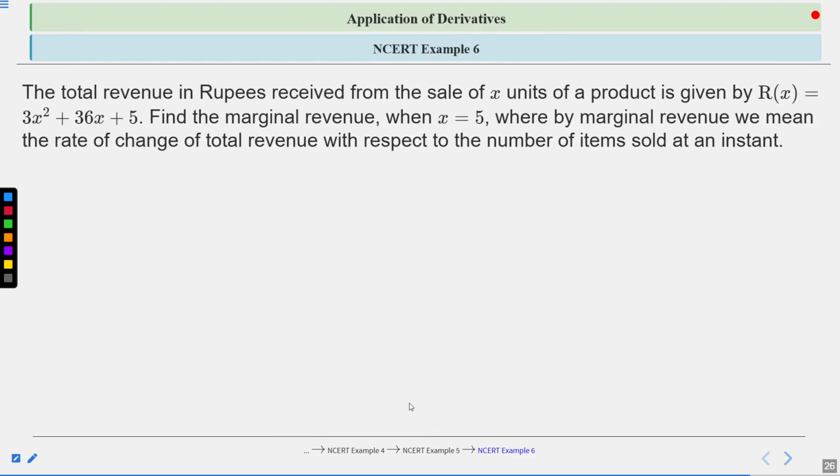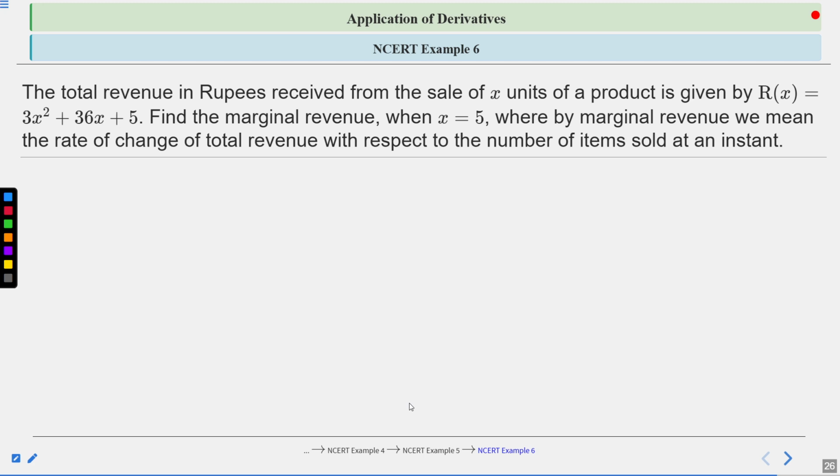Next, NCERT example 6. The total revenue in rupees received from the sale of x units of a product is given by R(x) = 3x² + 36x + 5. Find the marginal revenue when x is equal to 5, where by marginal revenue we mean the rate of change of total revenue with respect to the number of items sold at an instant, right? Clear?